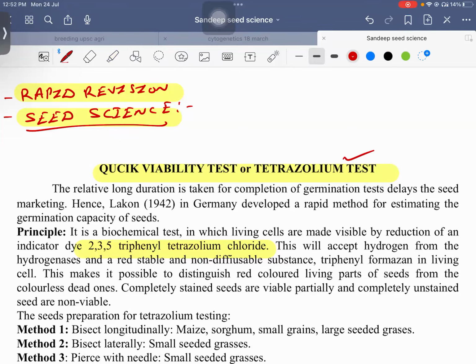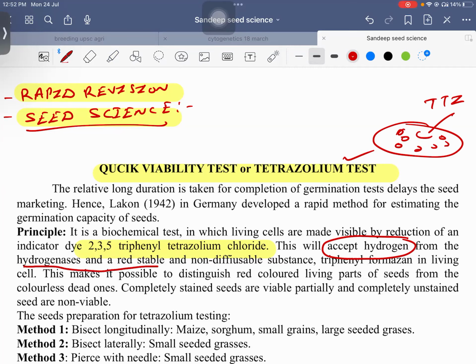So what happens here is that when we put the seeds in a tray, for example, and we put this TTZ, what will happen is the thing which you should know. The hydrogenase, and a red, stable and non-diffusible substance, triphenylformazan, is formed in living cells.